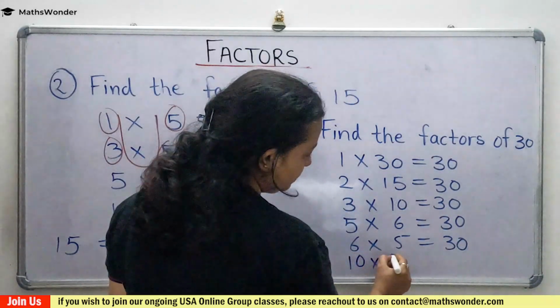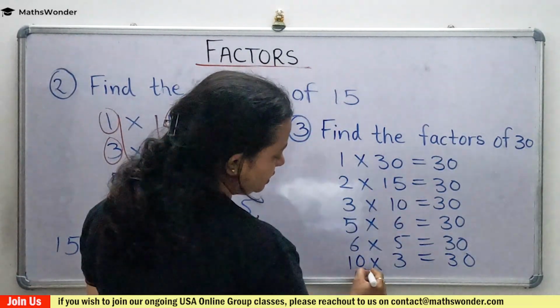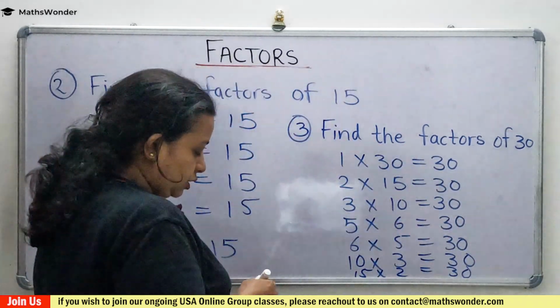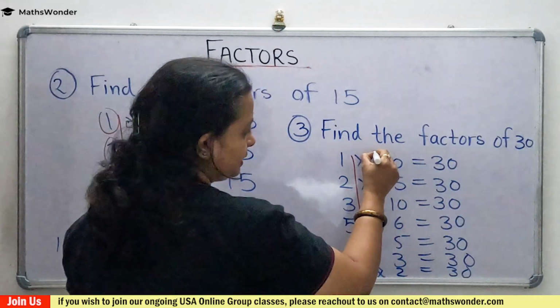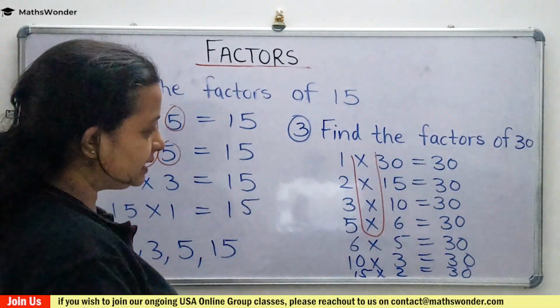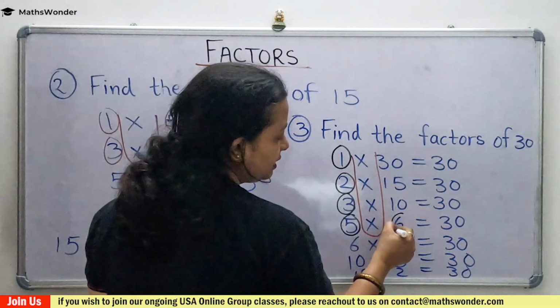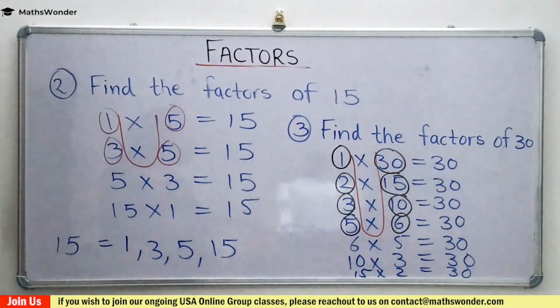Then 10 times 3 is 30. Then 15 times 2 is 30. And 30 times 1. So when you make a U from 5 to this, you will see here 1, 2, 3, 5, 6, 10, 15, 30 are the factors of 30.